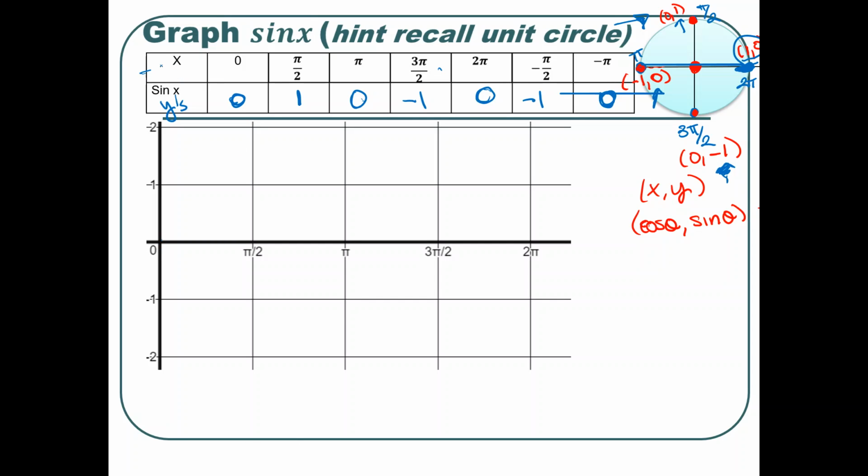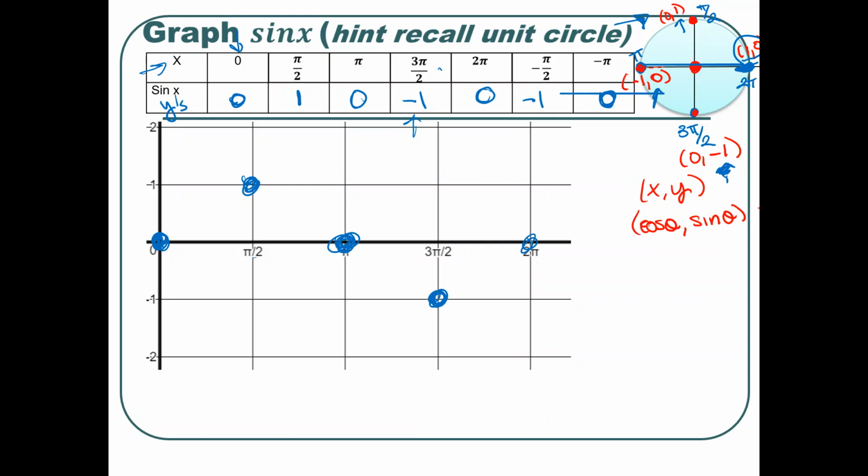So when x is 0 and y is 0, I have a point right here. At pi over 2, y is 1. Then at pi I have 0. At -pi over 2, my height is -1.